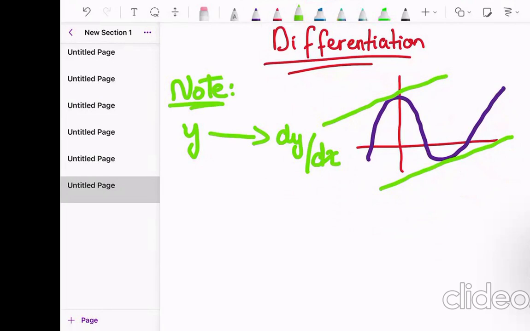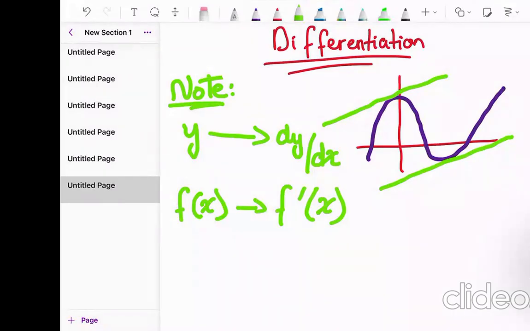If the equation is given as y equals 2x plus 3, for example, and you have to apply differentiation, then it will become dy upon dx. You have to put this line, which shows that you have taken the differentiation of that equation. These equations are basically equations of a curve.